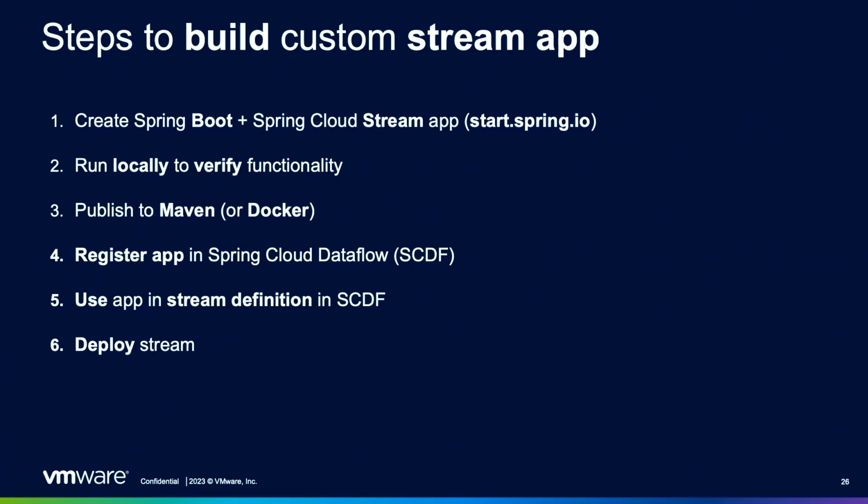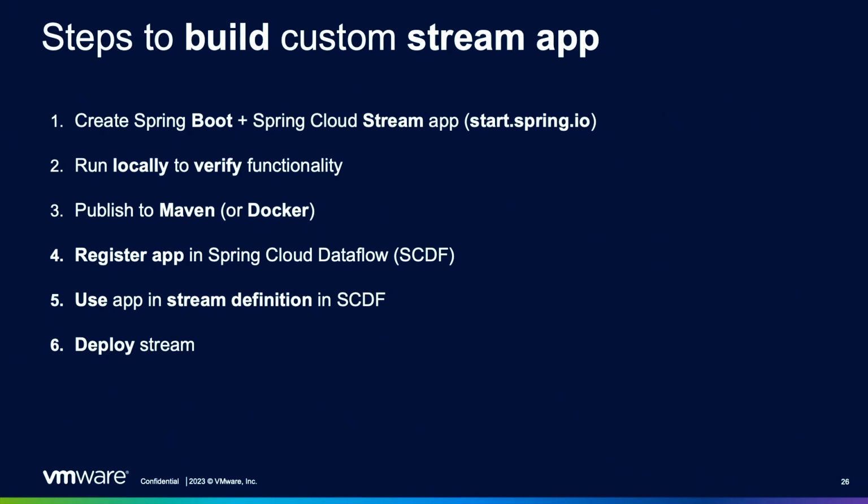But say we want to get our own stream, and that's the common thing. Something close to my business, I would want to create a custom stream app so that other people in my org could use these blocks as well. Step one is to create the Spring Boot app, the Spring Cloud Stream app, run it locally, make sure it works. No need to go further if it's not working. You don't ship if there's a compile error. Then publish to Maven or Docker, which are the supported formats that we accept.